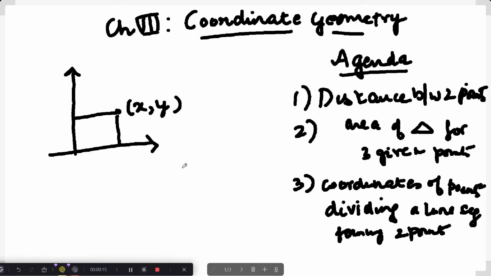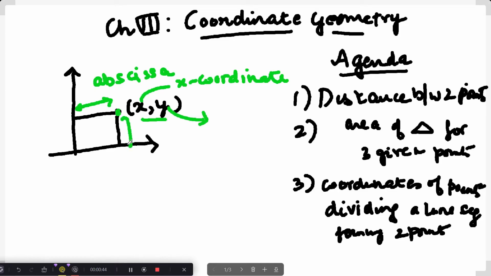So we've already studied in a previous class that for a point x comma y, the distance of the point from the y-axis is known as the abscissa, also the x coordinate.